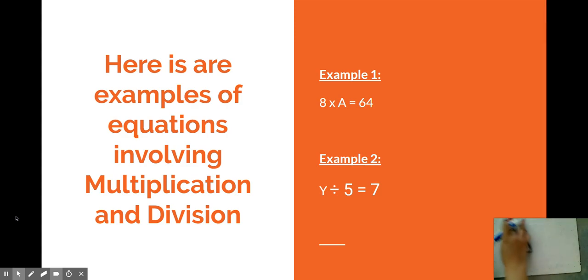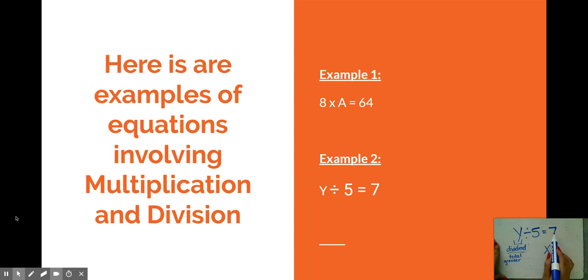Next, if you're dealing with division, y divided by 5 equals 7. So we should know that that's our missing number, but we should also know that that's our dividend. Remember, I hope people at home, you know our dividend is our total. It has to be greater. So a way to think about division right here is by doing multiplication.